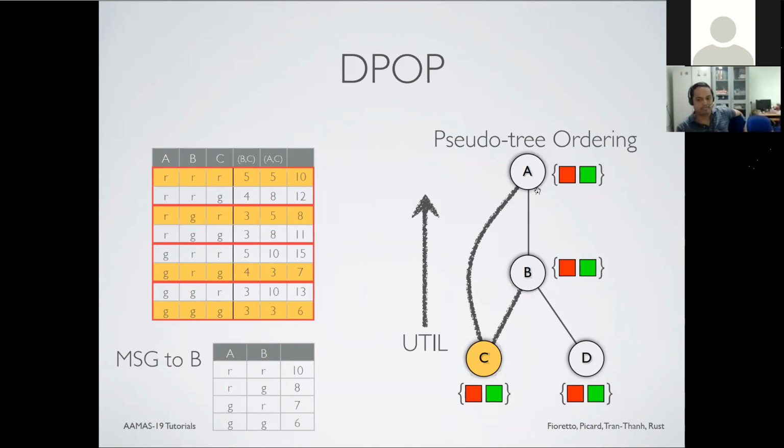Okay. So if you see this combination red, red, the minimum value you will find at 10. So if A and B both are red, C can get the minimum value at 10 with red. If A red and B green, C will get the minimum value at red with 8.